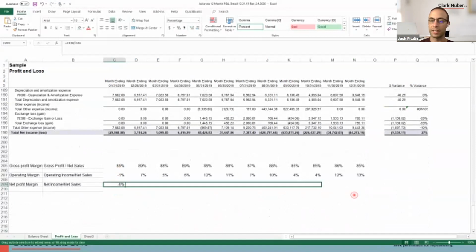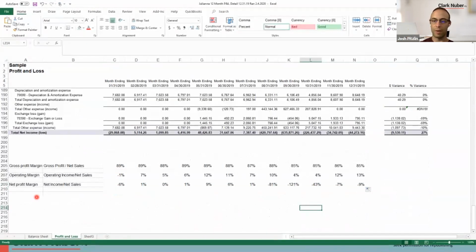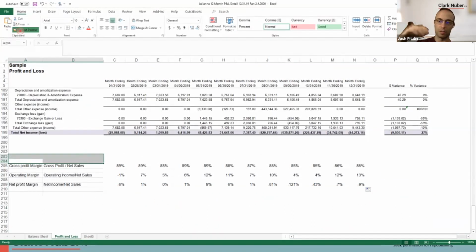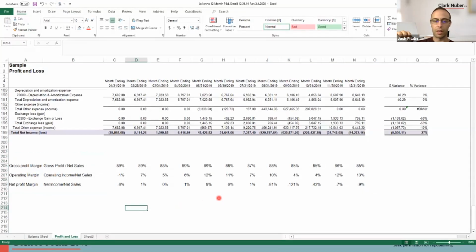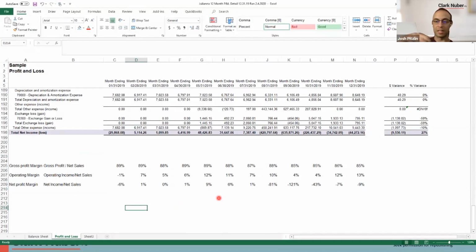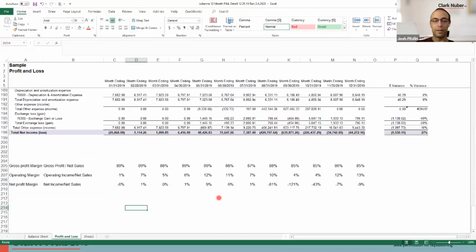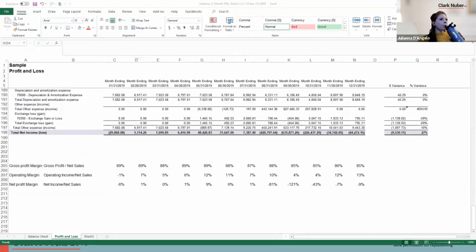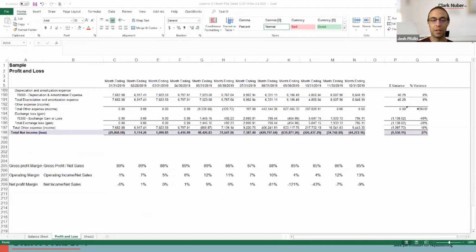Whereas if you're operating on the cash basis and your revenues are only hitting when you're sending out an invoice and your expenses are only happening when you're actually making a purchase, that's where that gross profit margin can fluctuate wildly and make the information that's able to be gleaned from this type of analysis really unreliable and unhelpful.